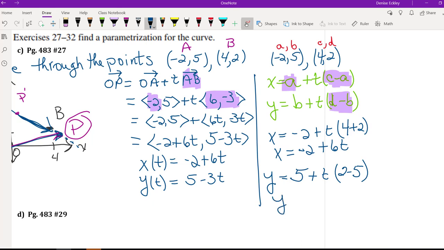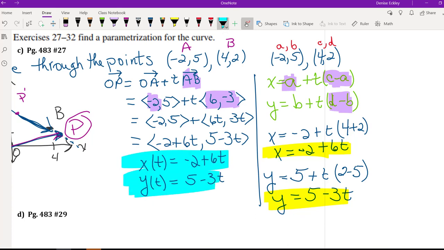So I get y equals 5 minus 3t. If you're a more visual person, you can do it the first way. If you like a formula, you can use this formula. Either of those will work.